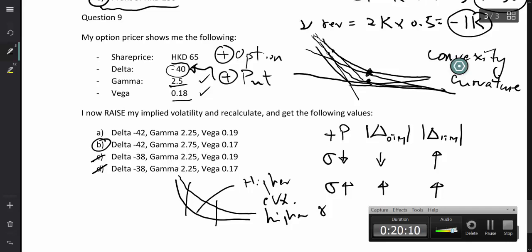A call delta is positive. So if the delta is negative, I must be long a put. And number three, it's out of the money. Now, how do I know that? Because the delta is less than 50, or at least the absolute value.